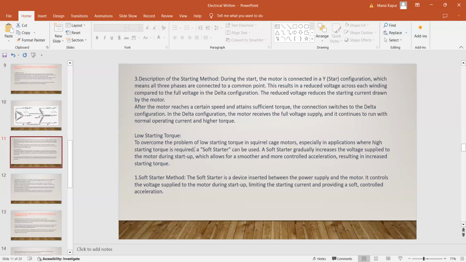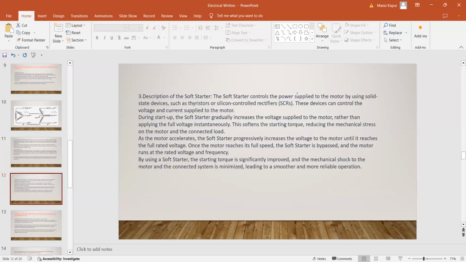So you can use the soft starter. The soft starter is a device inserted between the power supply and the motor, and it controls the voltage supply to the motor during startup, limiting the starting current and providing a soft and controlled acceleration.